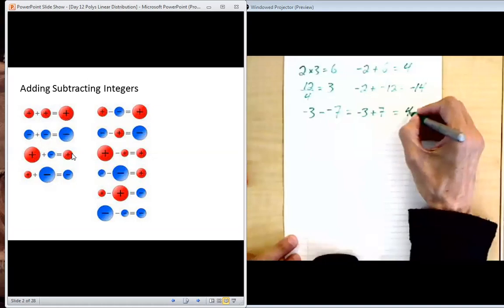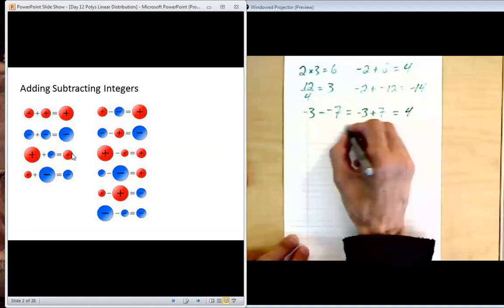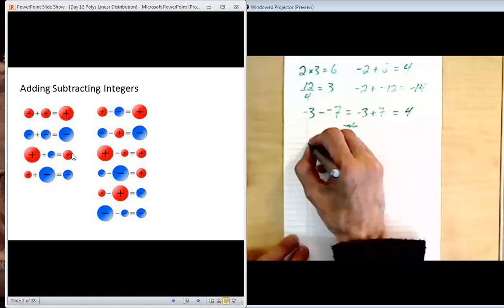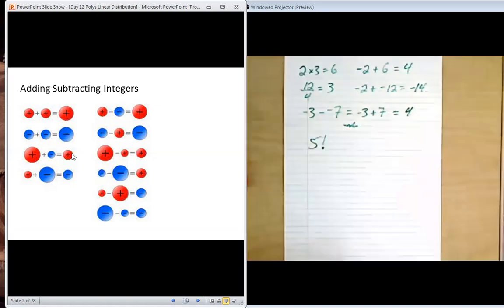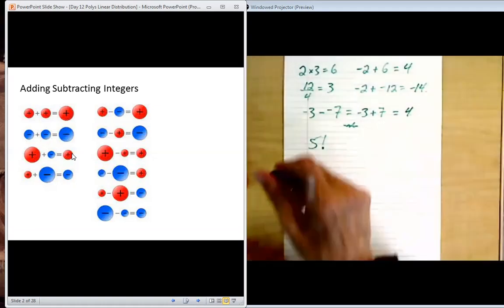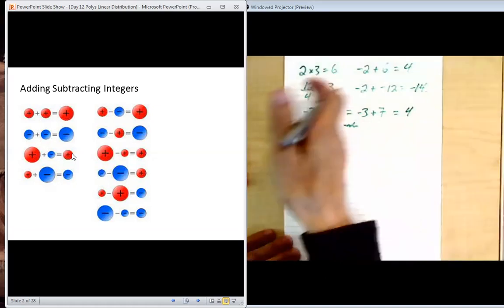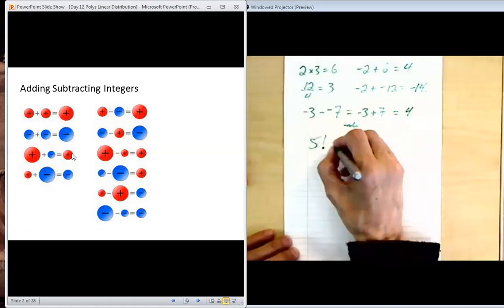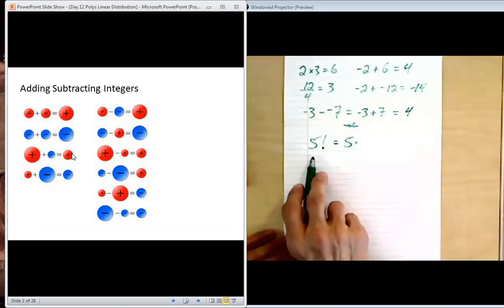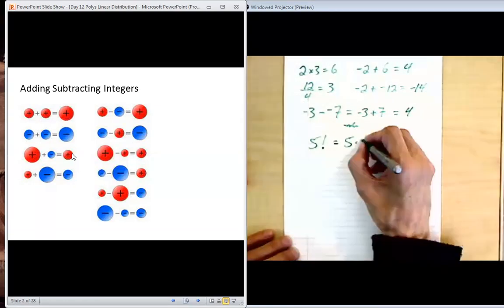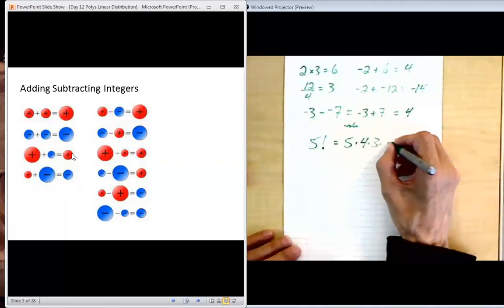Now, someone in class was asking me about this. What is this exclamation mark? It doesn't mean 5. It's not an exciting 5. But it is another math operation. How it works is you start with this number, and what comes next? 4 times 3 times 2.